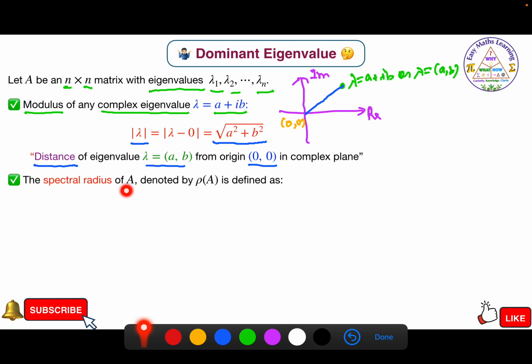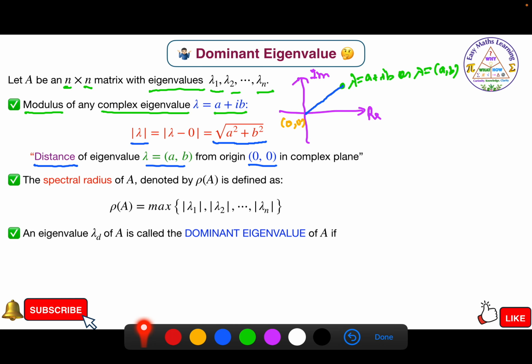Now we define spectral radius of matrix A. It is denoted by rho of A and defined as maximum of modulus of lambda 1, modulus of lambda 2 and so on, modulus of lambda n. Okay.